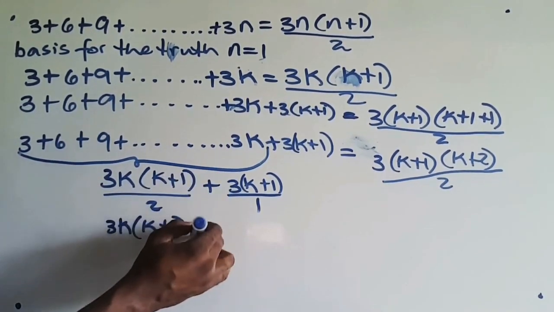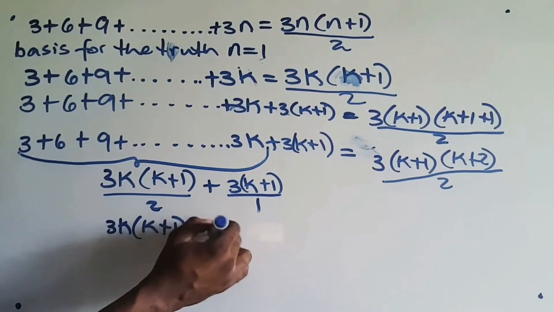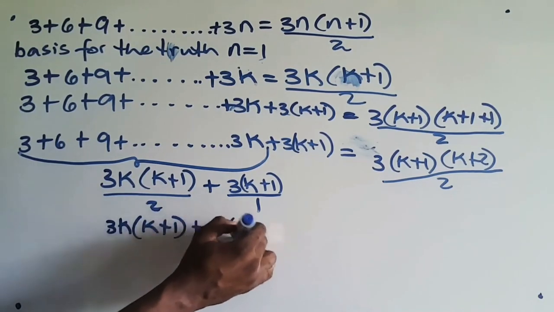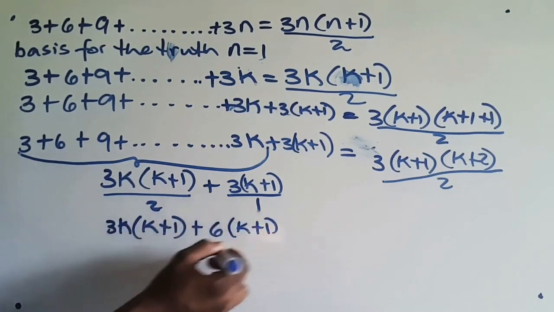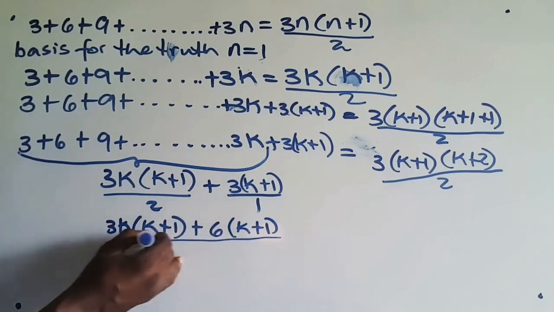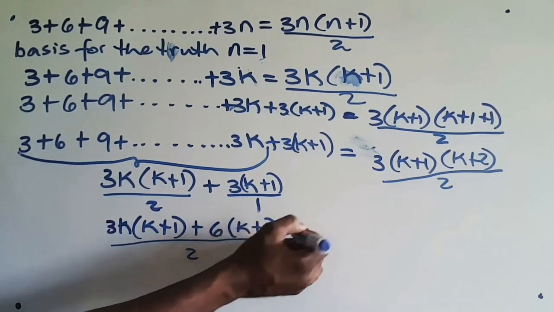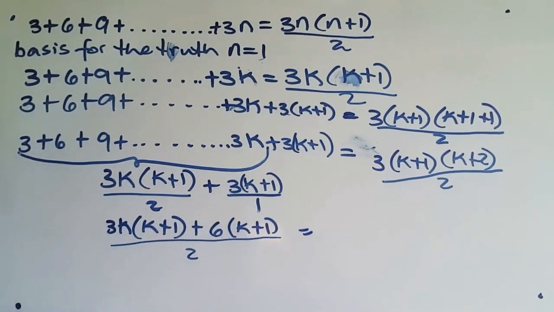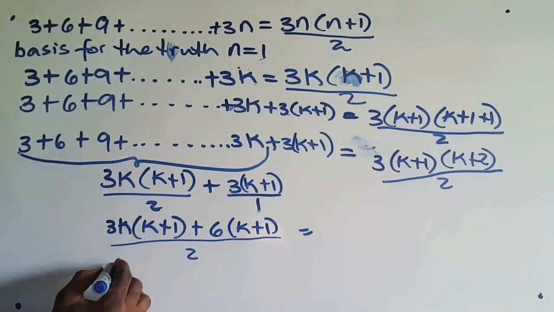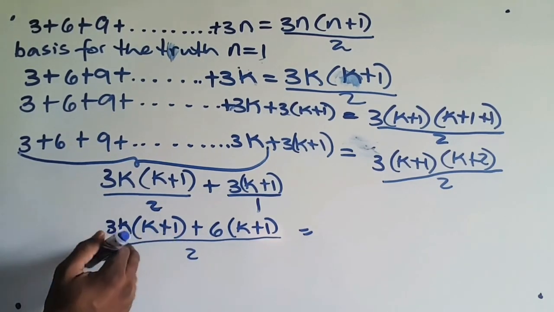2 times that. So it's going to be 2 times 3. I'm going to put 6. All right, and then I'm going to put k plus 1 there, all over 2 times 1, this is 2. So if I take this further and I do cancel, all right, let me see if I could go a little bit further. Yeah, I could go a little bit further down. So let's simplify this quickly.